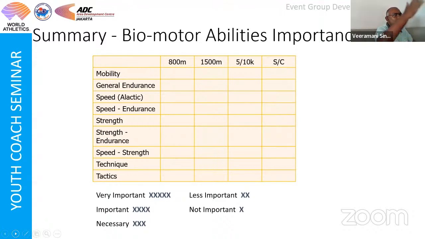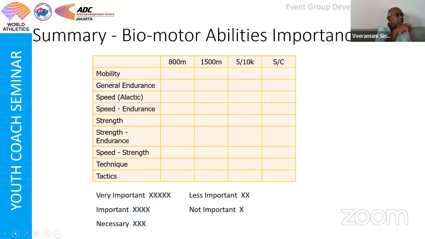Say what will be the most important for, let's say, 800 and 1,500. We'll keep 5,000 and 10,000 a bit brief. But for the 800 and 1,500, what would be the most important and what would be the not so important? Just make a mental look, and then I'll give you about 5 minutes to make a quick abbreviation.